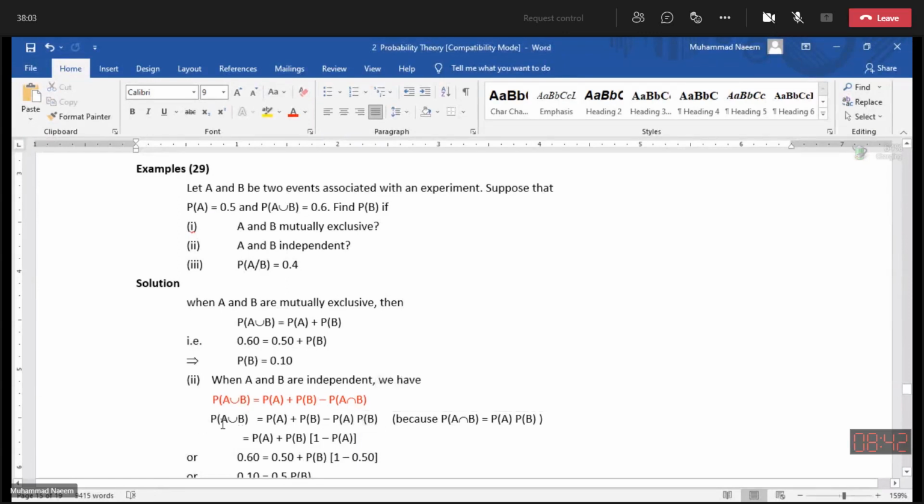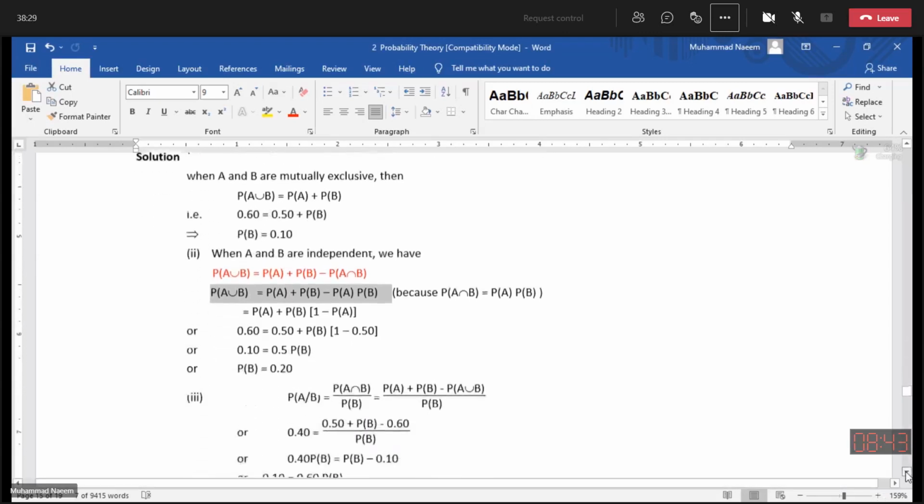Now, in this formula, probability of the union is available, probability of A is available. Except probability of B, everything is known. So simplify this one. Simplify for the probability of B.